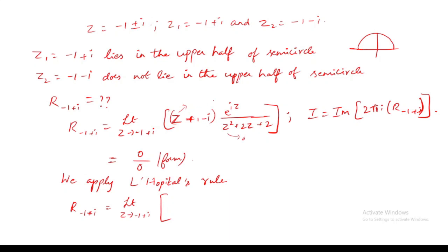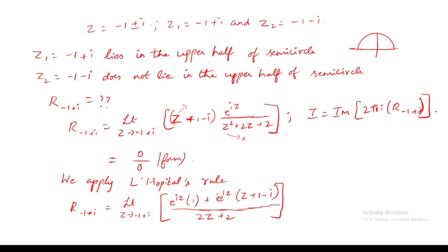Since the numerator has two terms in z, I apply the product rule: e power iz into 1 plus i into e power iz into (z plus 1 minus i), divided by 2z plus 2.